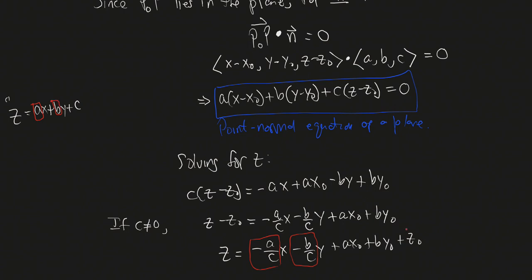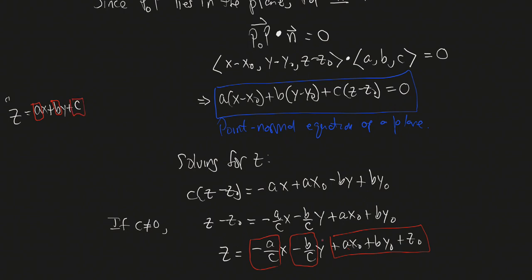And then all of this is just a constant, right? Because the a and the b are the first two components of my normal vector, and then the x0, y0, z0 is just, again, a fixed point. So that would be this constant here.